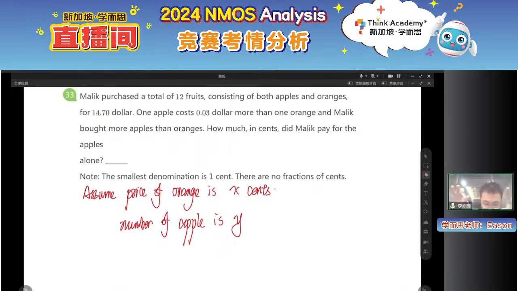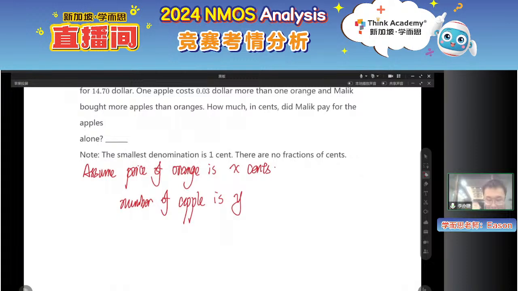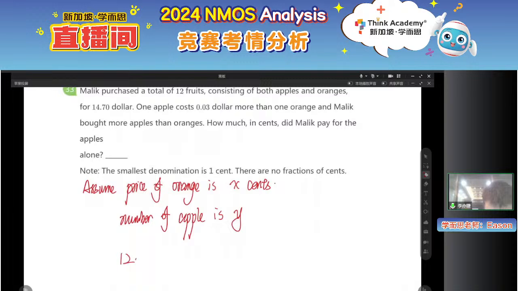The logic is, first, we assume that all the fruits are oranges. So we should have 12 times x if all of them are oranges. But we know that one apple is 3 cents more than an orange, so we add 3y. This is the way we express the total amount, which is $14.70, so it's 1470 cents.